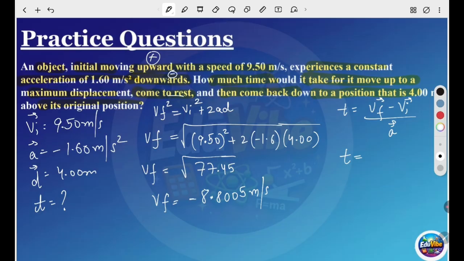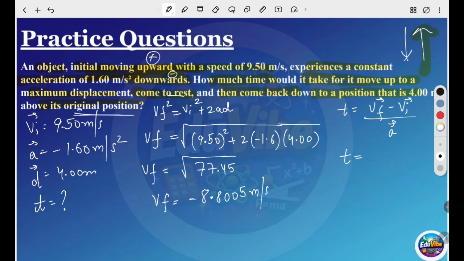Now this is the thing. I put this in negative. So why is this in negative? Because our initial goes upward, up to this, and then it comes down to its original position.